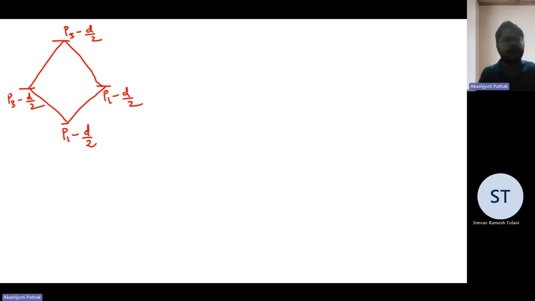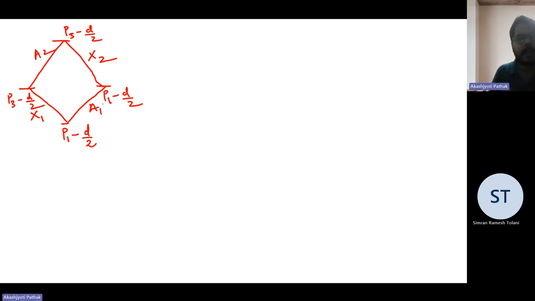Now this is the A1 transition. This is the A2 transition. This is the X1 transition, and this is the X2 transition. Will we see any signal intensity because of the A1 transition?